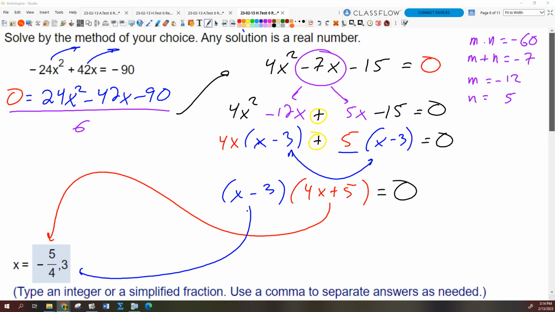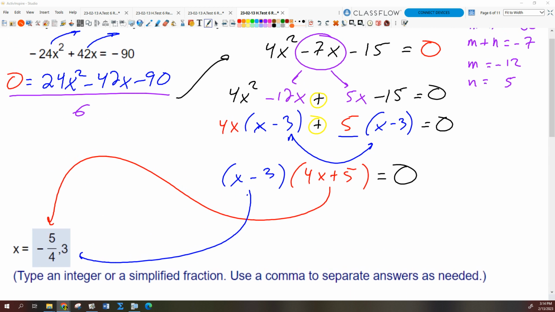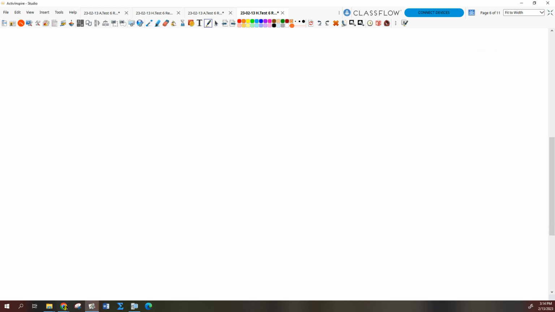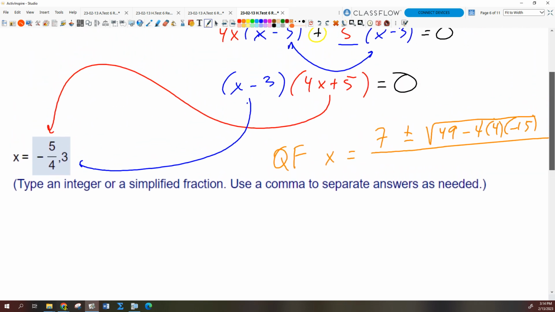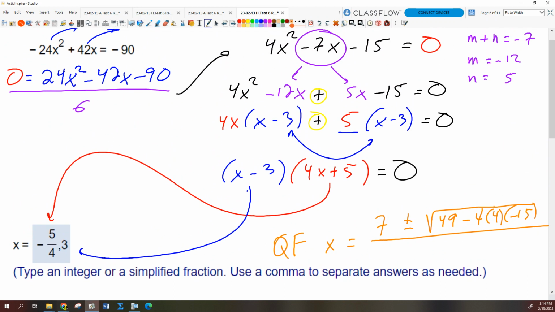If we had used quadratic formula, x equals negative b, so positive 7, plus or minus the square root of 49 minus 4 times 4 times negative 15, all divided by 2 times a, by 8.